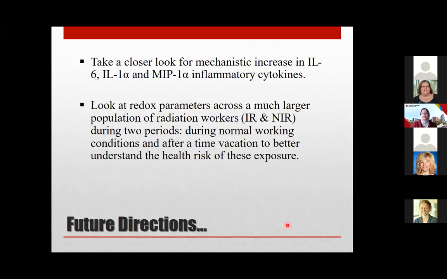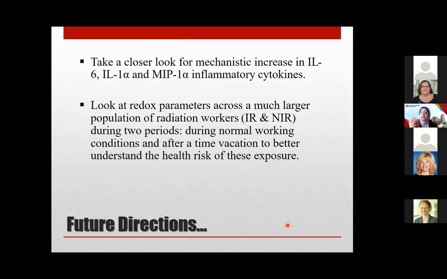Now, our future direction is that we want to take a closer look at the mechanistic increase in these three cytokines, IL-6, IL-1 alpha, and MIP-1 alpha. And also, we want to look at redox parameters across a much larger population of radiation workers who work in ionizing radiation and non-ionizing radiation by recruiting more.